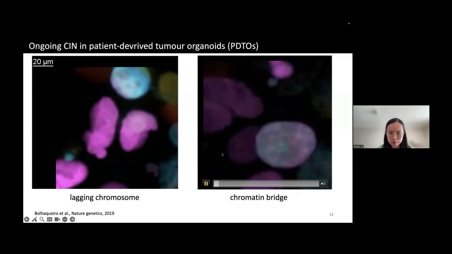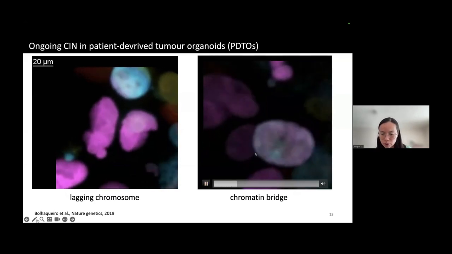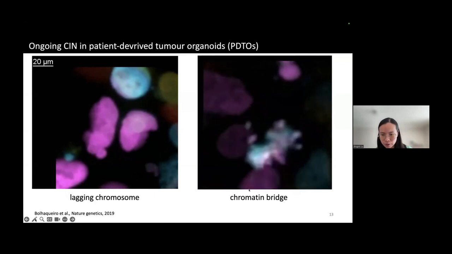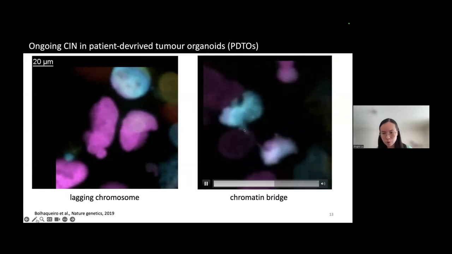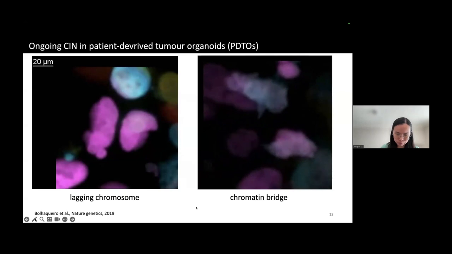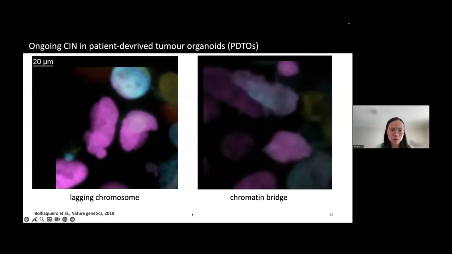And in another video, you can see there is a very weak chromatin bridge when the cells divide.